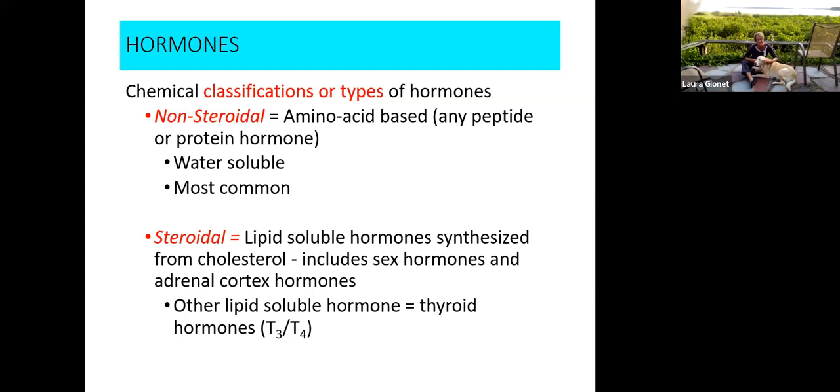They're generally water soluble, and they are the most common. If you're non-steroidal, it means that you're polar covalently bonded. Water is polar covalently bonded. So most of them are going to be non-steroidal hormones. Steroidal hormones are lipid soluble, which means they are non-polar covalently bonded, and synthesized from cholesterol. This includes a lot of the sex hormones and hormones of the adrenal cortex. Another lipid soluble hormone group is T3 and T4 from the thyroid gland.